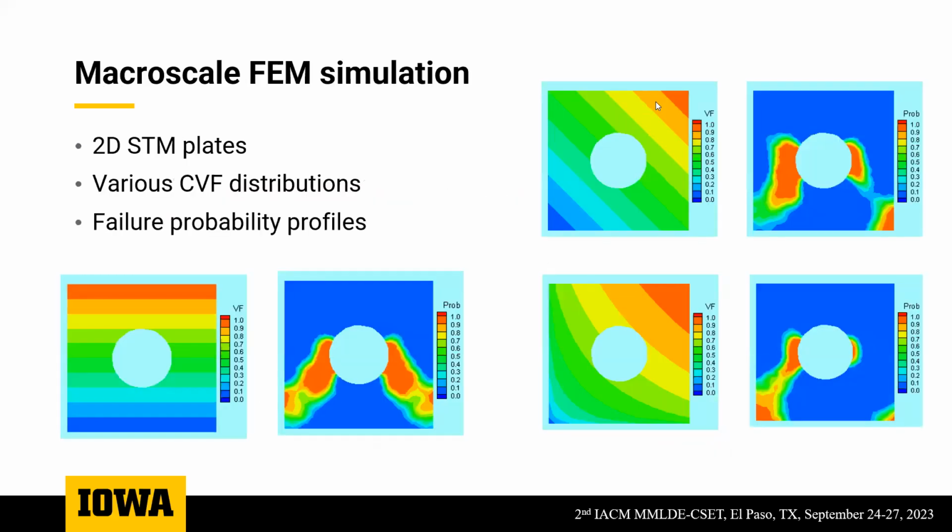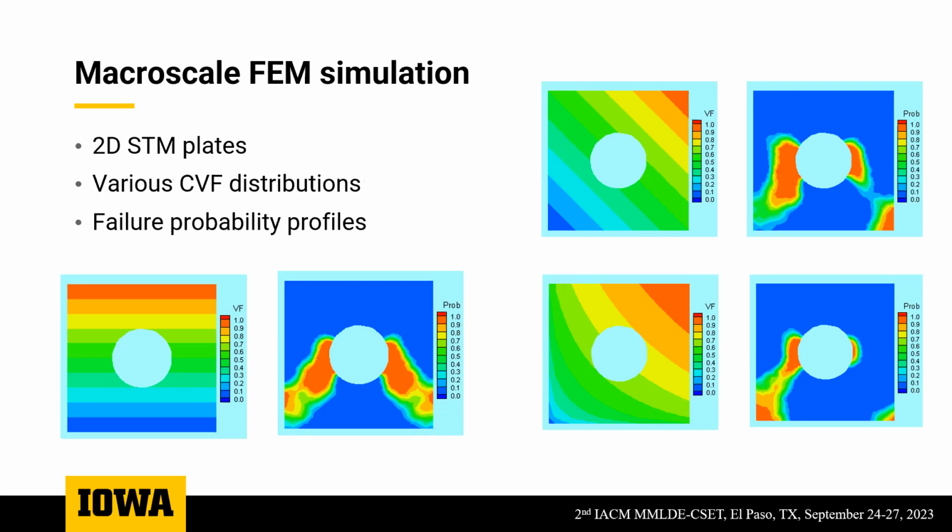After we train the model, we pass the regression model and the classification model to the macroscale simulation. In the macroscale simulation, we simulated a square plate with different ceramic volume fraction distributions, and there is a hole at the center of the plate.